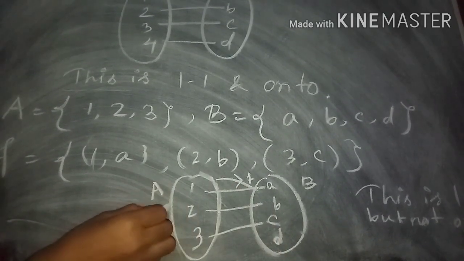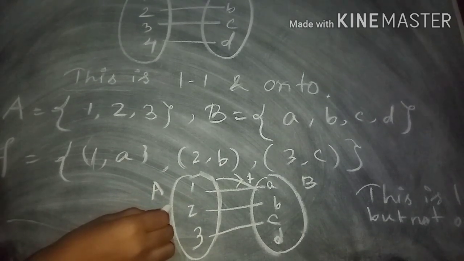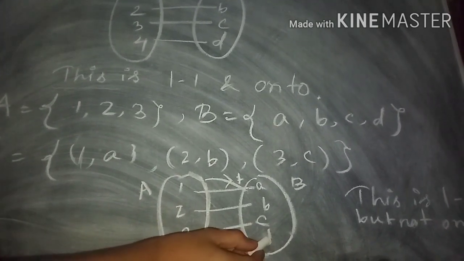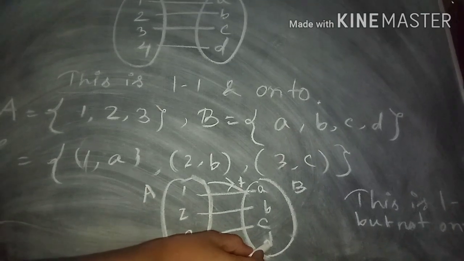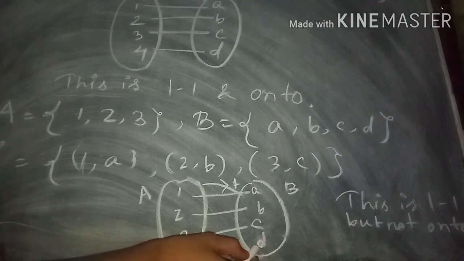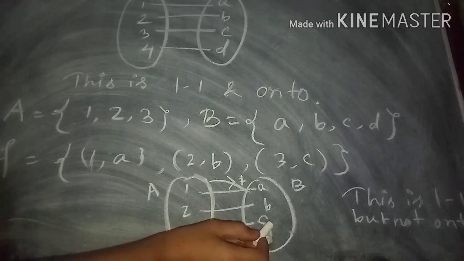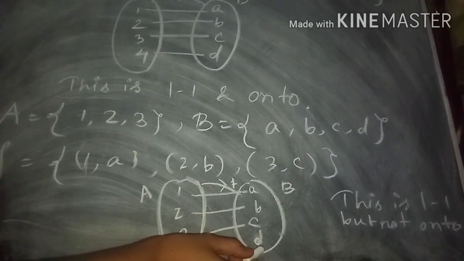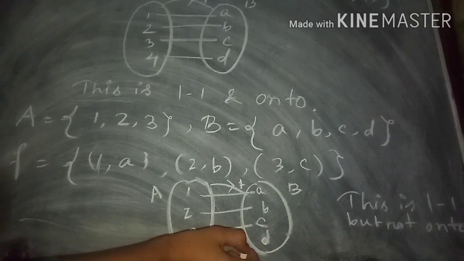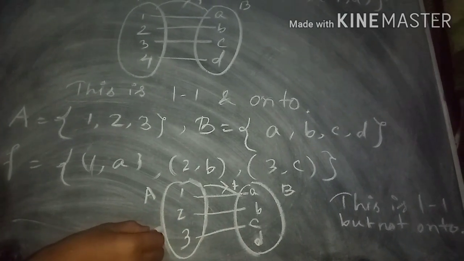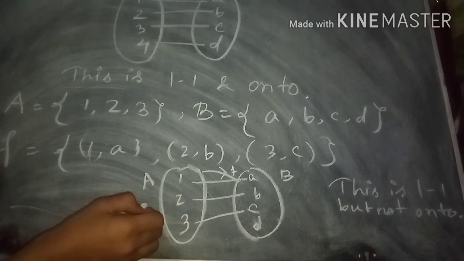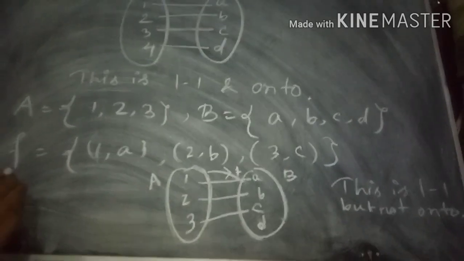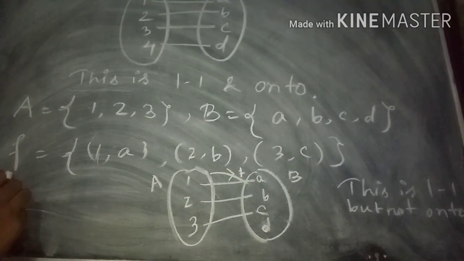Therefore, this function is 1-1. But since the element D remains unrelated, the element D does not have any pre-image in the set A. Therefore, this function could not be onto. Hence, this function f is 1-1 but not onto.